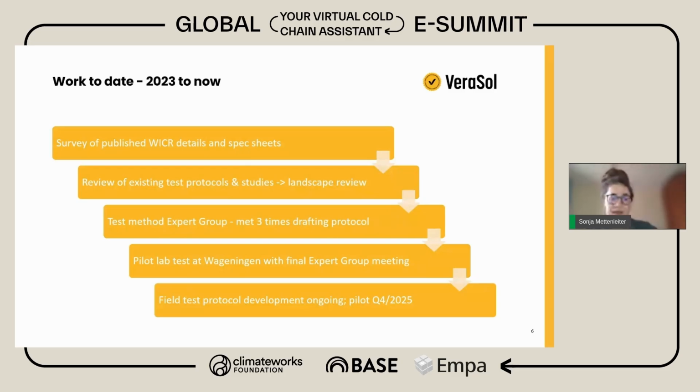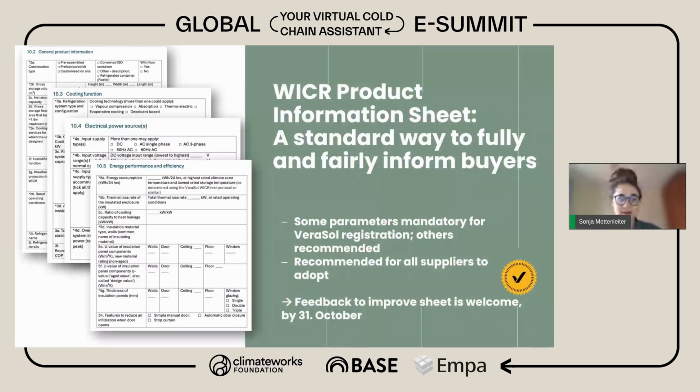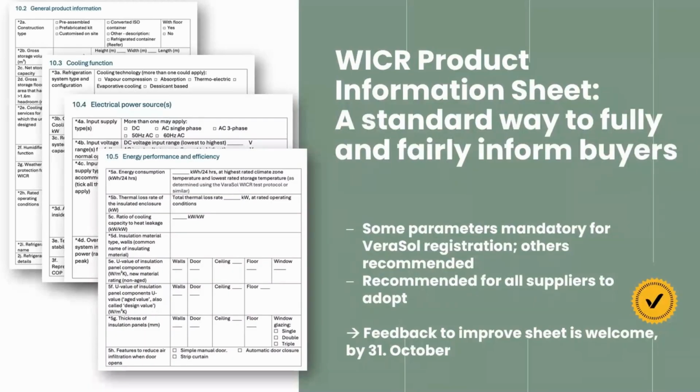So we basically have 3 levels of quality assurance. The first one is the product information sheet, which is a standard way to fully and fairly inform the buyers. So they should fill out that spec sheet form, and when you're getting various quotes, you can request them to actually fill out that information sheet, and so that makes your different quotations easier comparable.